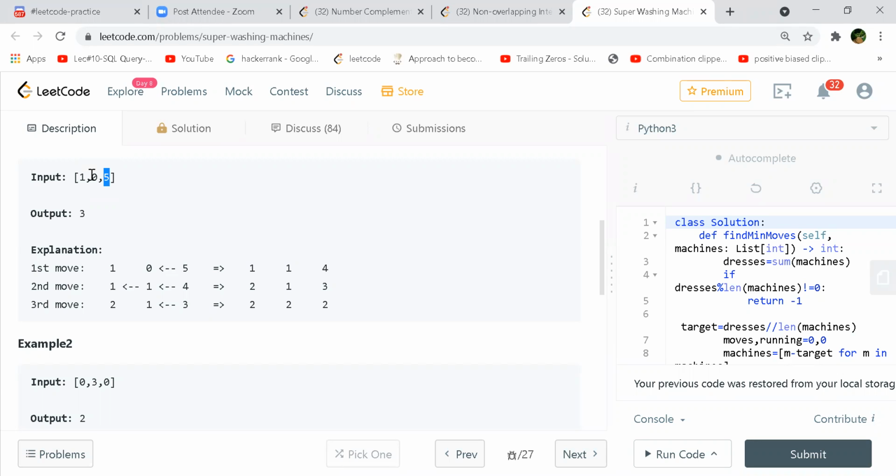That gives the average dresses per machine. So we try to do the movements from the ones which have more dresses to the ones which do not. That is the only way, right?